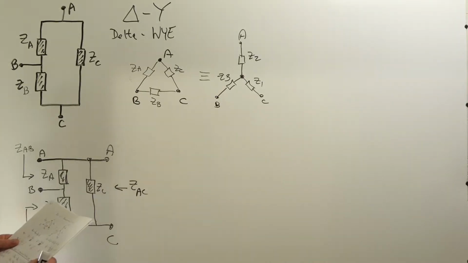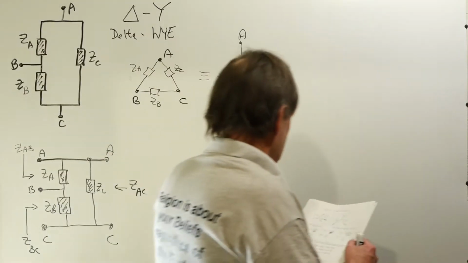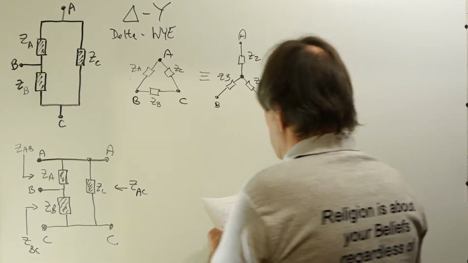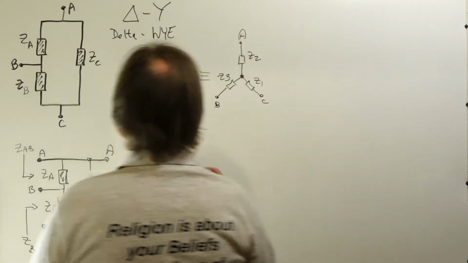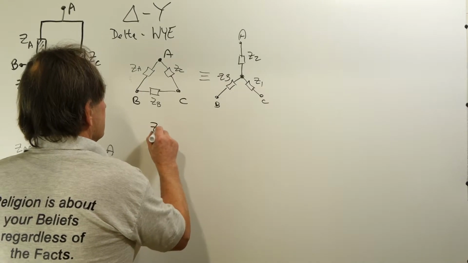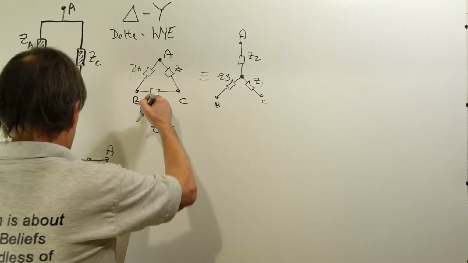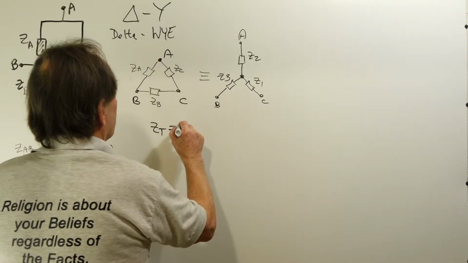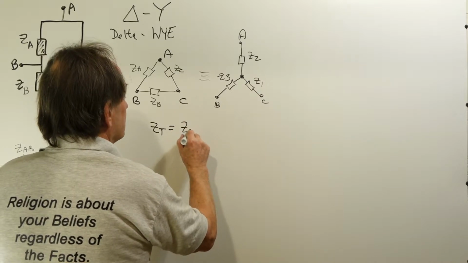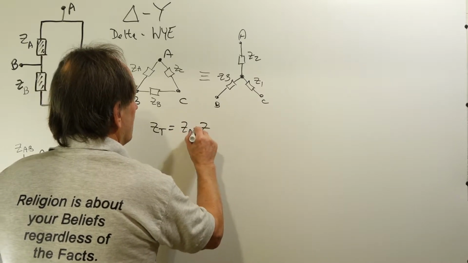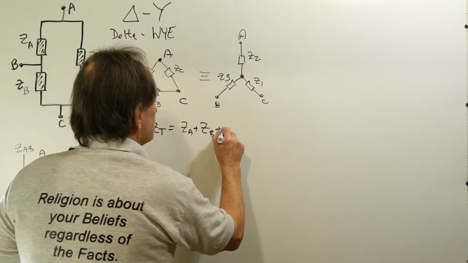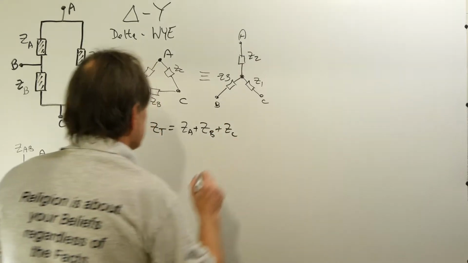Now, the way that we choose the values is we define ZT as being the sum of all the elements in the delta network, ZA plus ZB plus ZC.